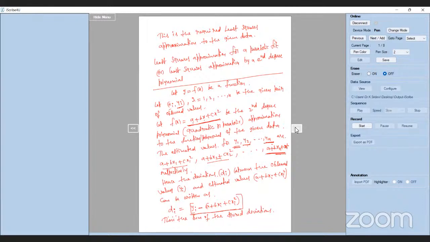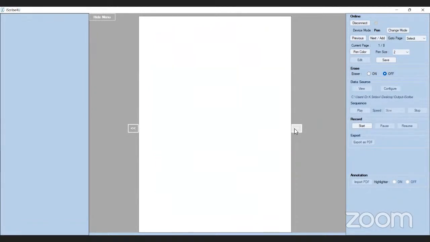We can write it as summation di square, d1 square plus d2 square plus and so on plus dn square, i is equal to 1 to n. This is equal to summation i is equal to 1 to n of (yi minus (a plus bxi plus cxi square)) whole square.